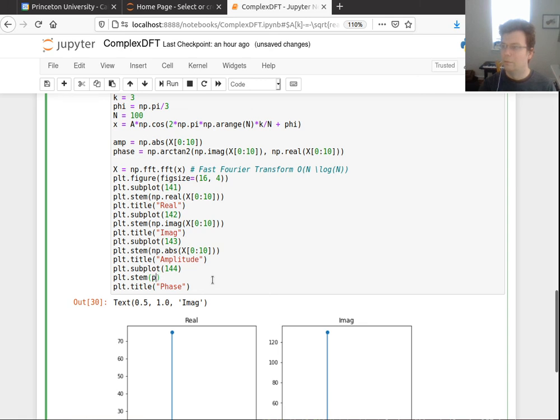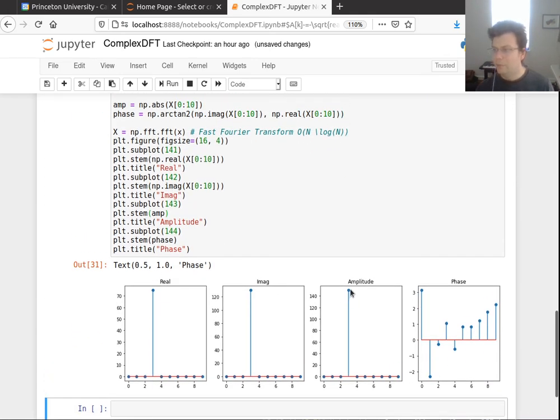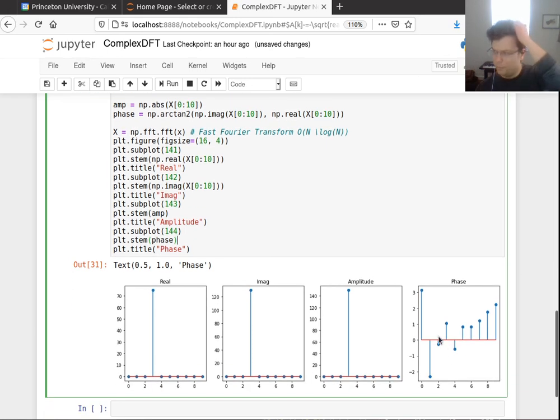I can just do amp here and phase there. Okay, so the amplitude I find is 150, even though it gets split into two parts, but the phase is kind of all over the place. Let me say phase only where the amplitude is greater than 0.1. Actually, yes, that'll do it.